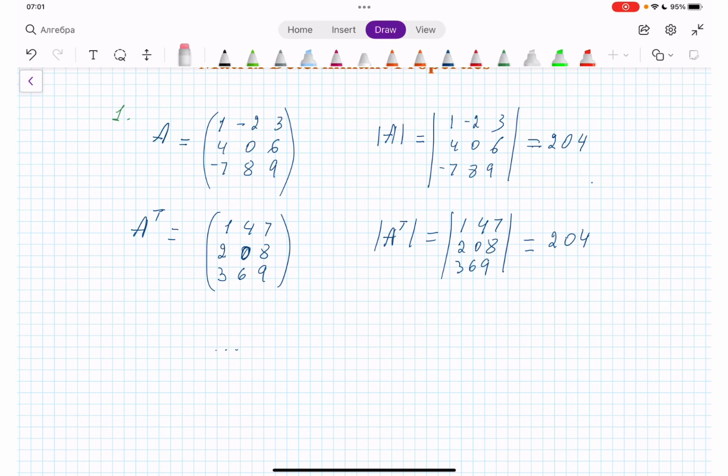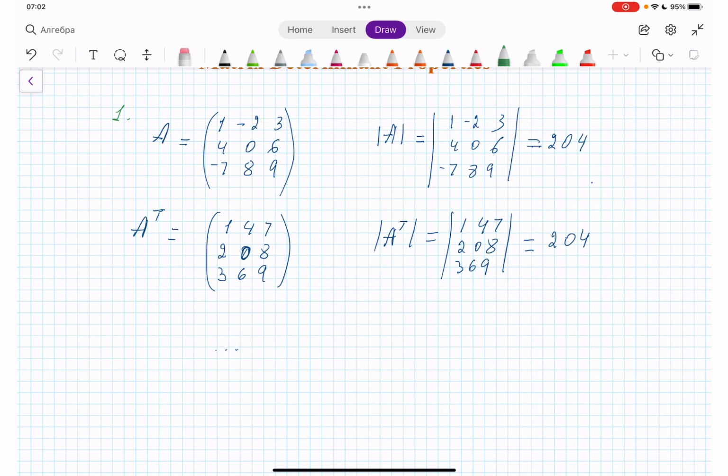This property itself is not much practical, meaning we don't use it much in practice, but it's helpful in understanding some problems in higher mathematics. For example, we can use it when we examine vectors for coplanarity. Their coordinates can be written both in the row of the determinant and in the column. So this is a property for higher mathematics.